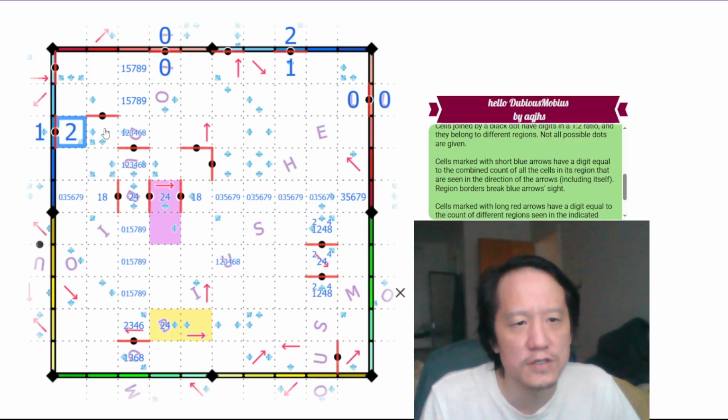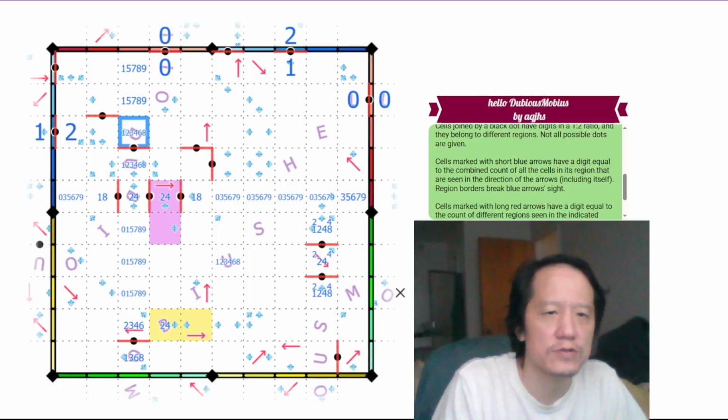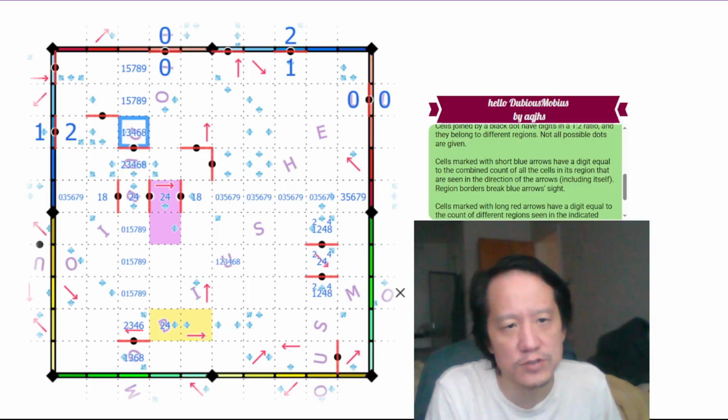So these are in the same region here. Okay, so this can't be 1 or 2. This can't be 2. It could still be 1 here. So this can never be 1 here, because if this is 1, that would force that to be 2.